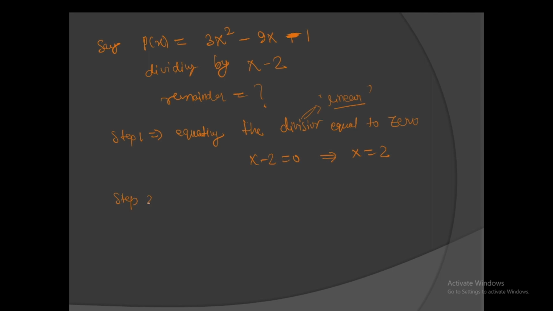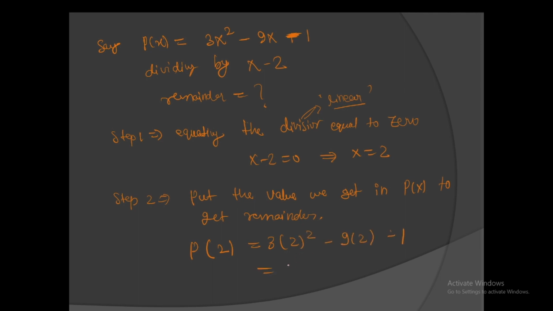Step 2. Put the value we get in p of x to get the remainder. So p of 2 is how much? 3 into 2 square minus 9 into 2 minus 1. So it's 4 3s are 12, minus 18, minus 1. So it's minus 7.